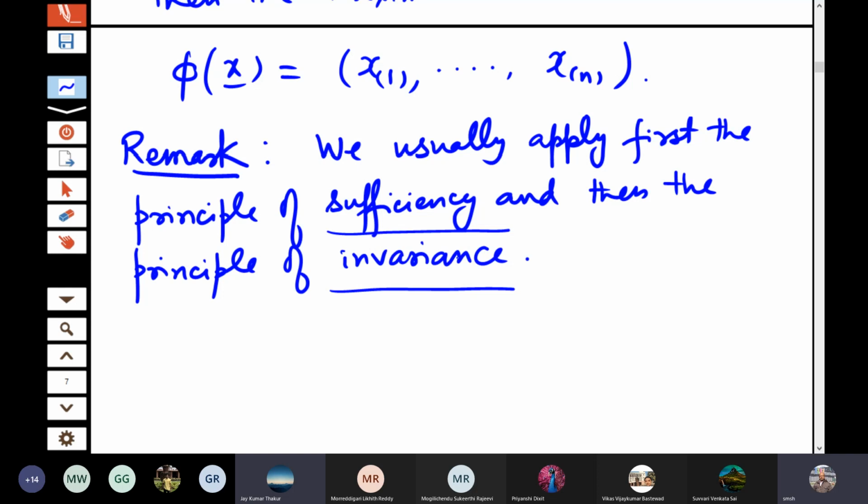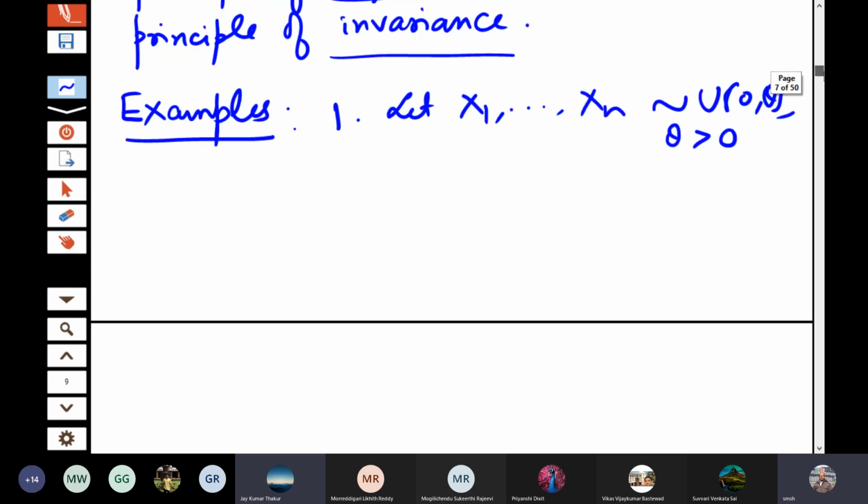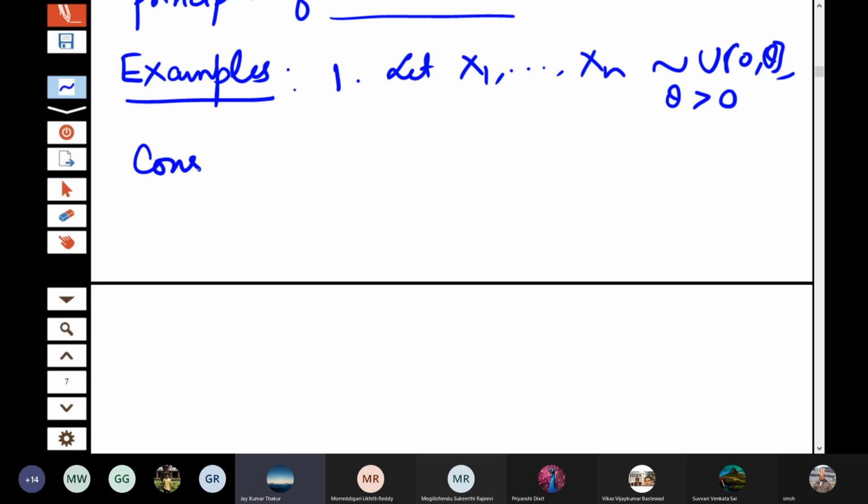So do you remember this exercise? Let X1, X2, ..., Xn follow uniform(0, theta), where theta is of course positive, and consider estimation of theta. So you all remember this problem? What are the things that we already obtained there?